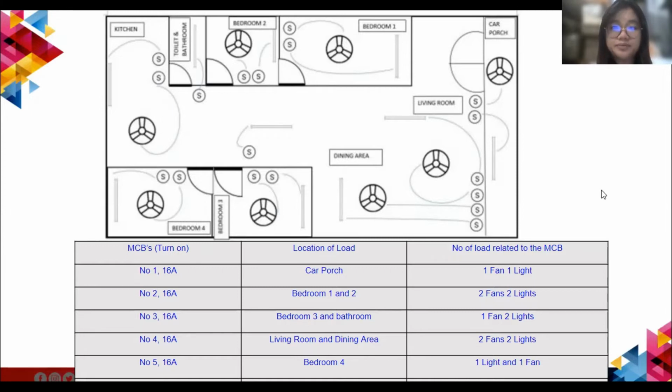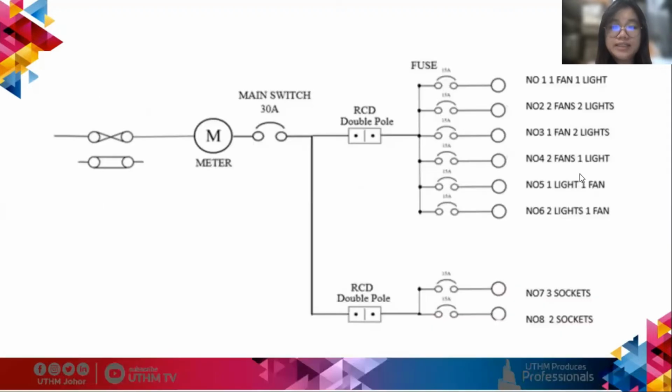Next is the single line electrical wiring at the distribution board, from the meter to the main switch, then connected to the double pole RCD. It will control and connect to the fuse first, which is 15 ampere, then to the load, which is the MCB number 1, number 2, 3, 4, 5, 6.